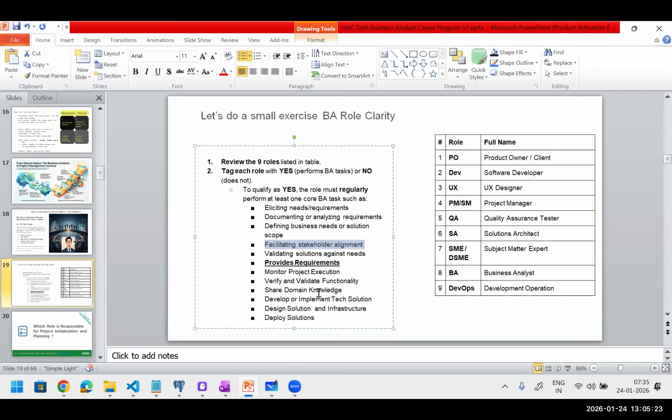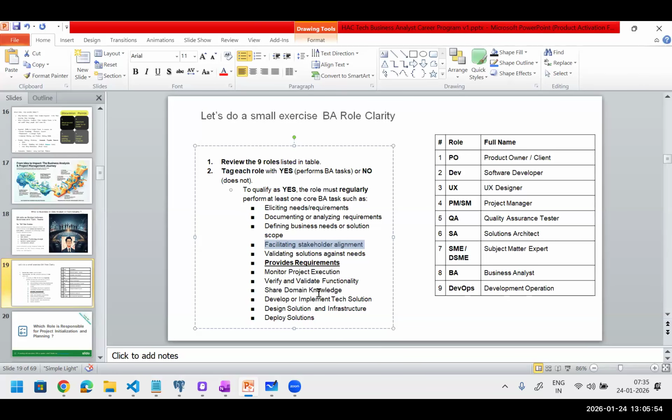When I say PM slash Scrum Master, it's okay, right? Agile coach, no, right? So PM slash Scrum Master, BA, yes. Sometimes there are no hard and fast rules about who's supposed to facilitate meetings. It depends. If it is related to project meetings, yes, PM or Scrum Master.